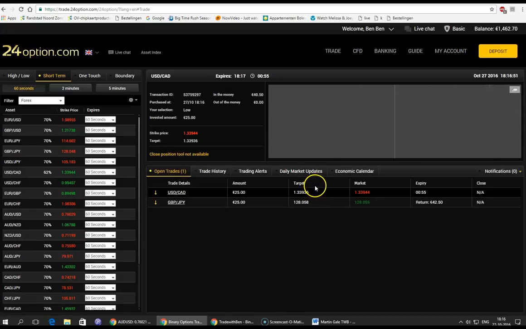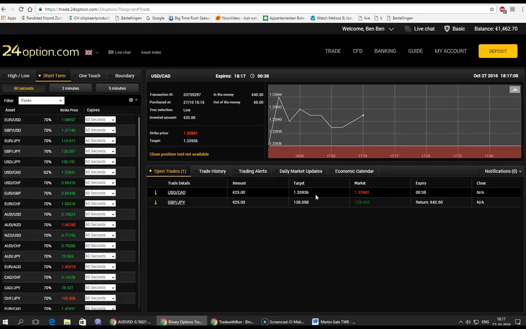So it spiked up again, and let's see what happens in the next candle, because we placed it a little bit early, but you know, we needed a good price. So I'm quite sure that it has to go down within like maximum 2 minutes.